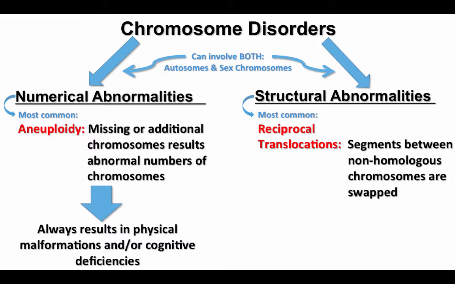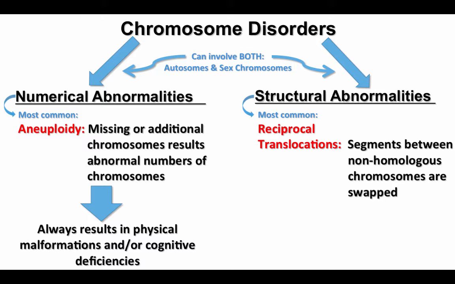The most common structural abnormality in chromosomes is the reciprocal translocation. Reciprocal translocations occur when segments between non-homologous chromosomes are swapped. It is important to keep in mind that these translocations often do not result in changes in phenotype.